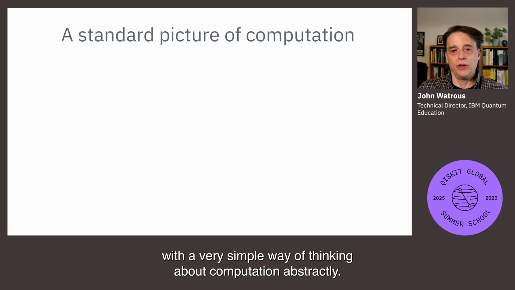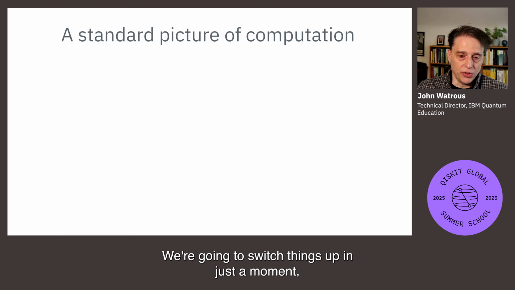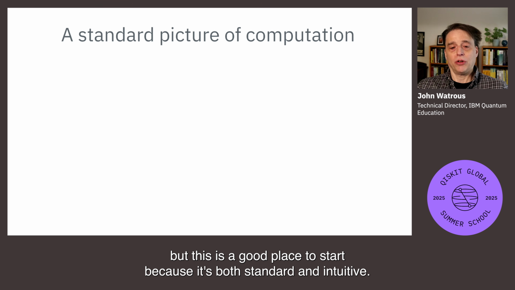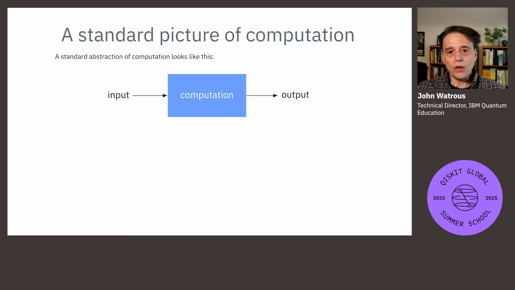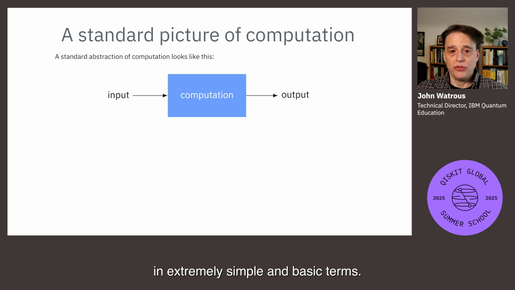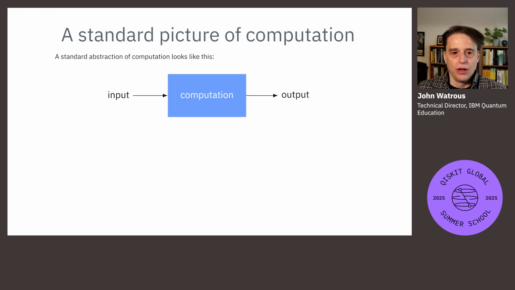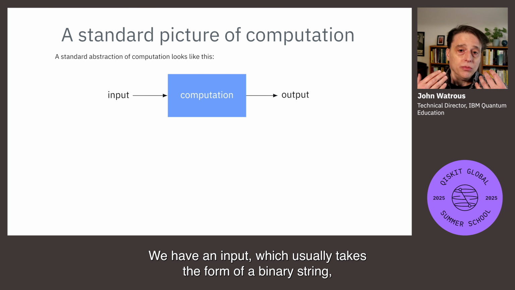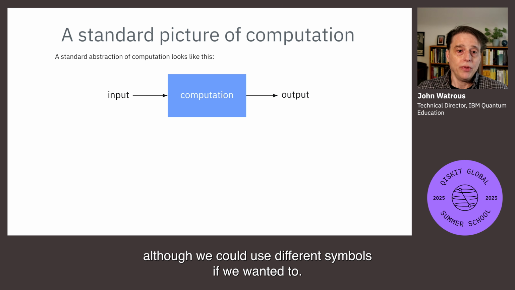Let's begin with a very simple way of thinking about computation abstractly. We're going to switch things up in just a moment, but this is a good place to start because it's both standard and intuitive. Here's a picture that represents a computation in extremely simple and basic terms. We have an input, which usually takes the form of a binary string, although we could use different symbols if we wanted to.